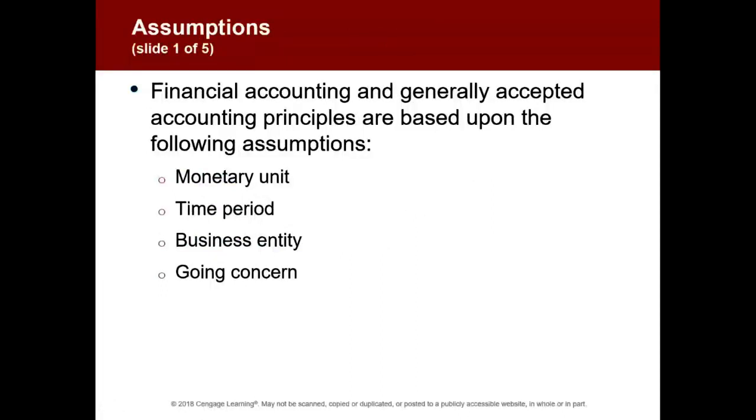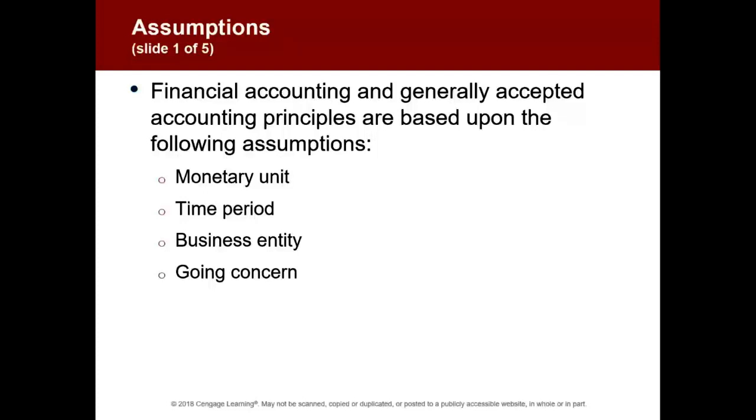Financial accounting and generally accepted accounting principles are based upon the following assumptions. We have to have a monetary unit. We have to be using dollars or pesos or yen. It's going to be over a period of time, minimally a year. Our accounting fiscal periods usually run one year, but it could be less.